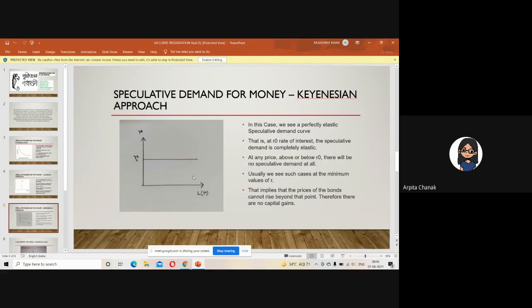They hold money balances thinking that income from non-monetary assets like bonds will be low, and so the cost of money holding will also be low. Thus, speculative demand for money becomes very high, so much so that when the rate of interest declines to the minimum, speculative demand for money becomes infinite, perfectly elastic. This pushes the economy into a liquidity trap.